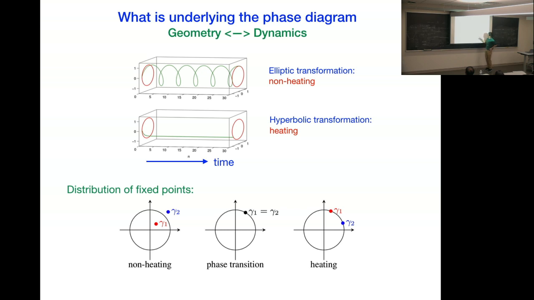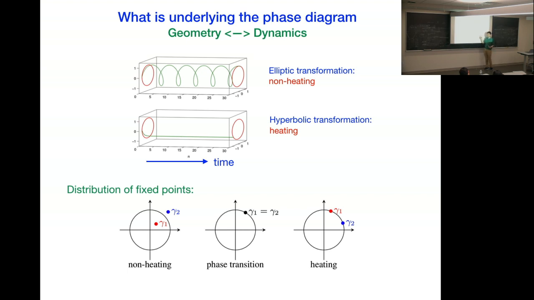So as a short summary for the 3 kinds of Möbius transformation. For this oscillating phase, the Möbius transformation has 2 fixed points, which are not on the circle. So the operator will always oscillate on this circle. It will never flow to the fixed point. For the hyperbolic, for the heating phase, there are 2 fixed points. One is an attractive fixed point, the other is a repulsive fixed point.